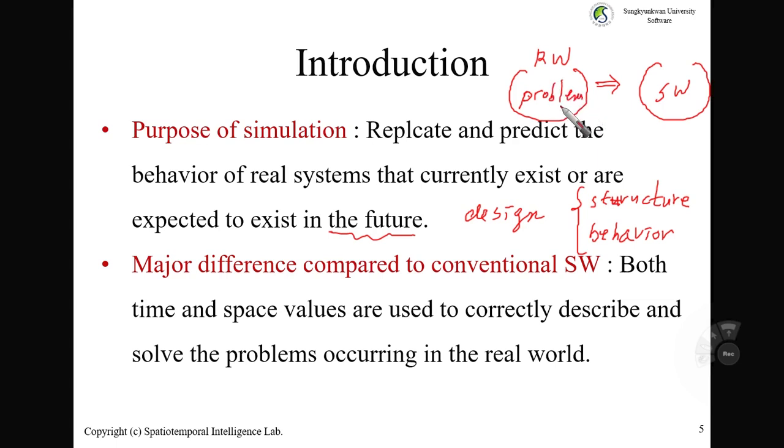Problems are described by software, and the software exists where? Cyber world, not real world. Okay. So we want to build the target real system, which is the problem, into the cyber world with the software.